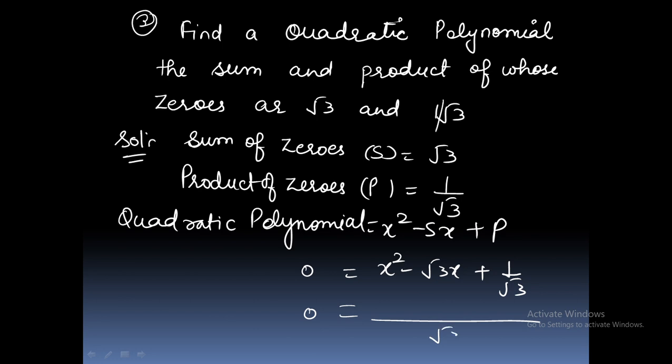Take the LCM: root 3x square minus root 3 multiplied by root 3, that is 3x plus 1. When we take cross multiplication, then we will get the result root 3x square minus 3x plus 1 equal to 0. This is your answer.